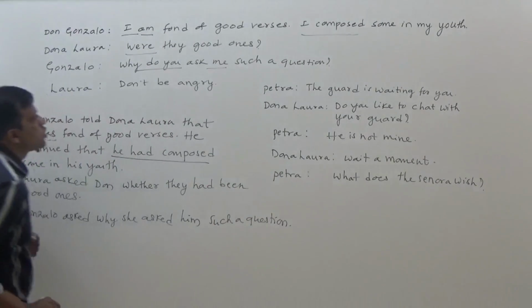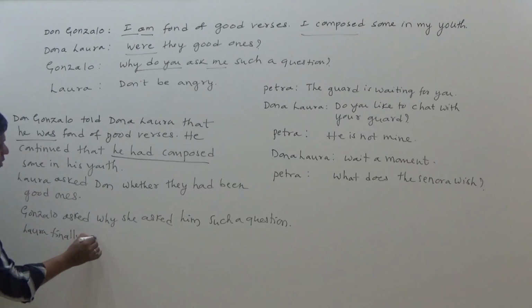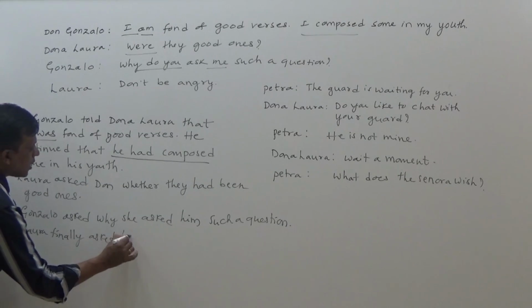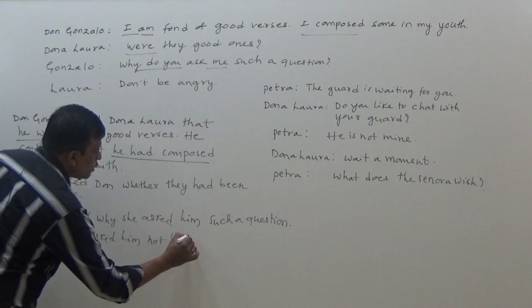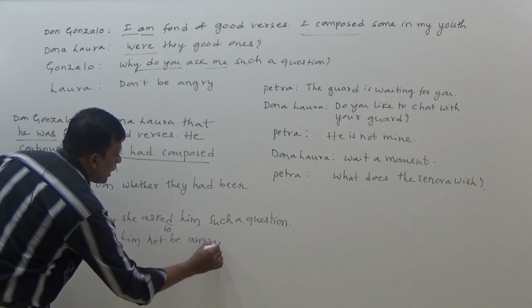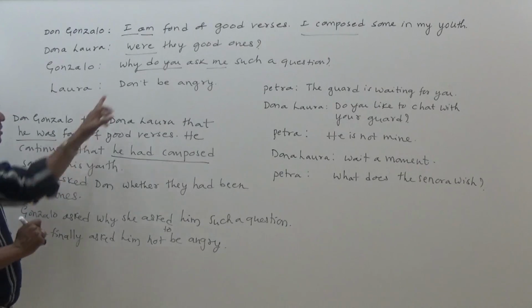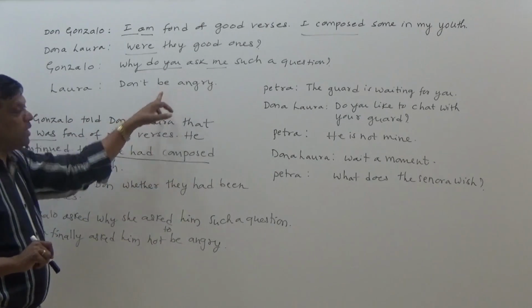Then Laura finally asked him not to be angry. It is imperative sentence. Just we have to use don't is changed to not to. So not to be angry.